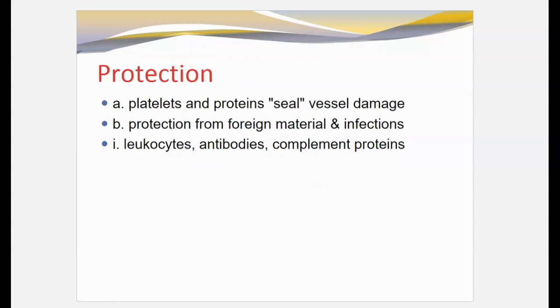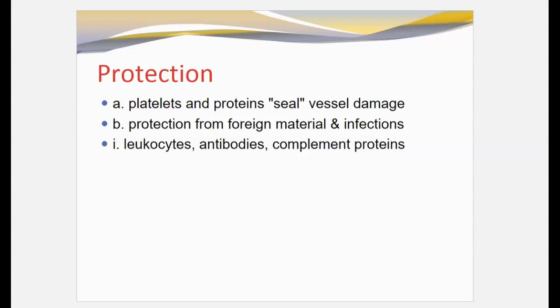It protects, blood protects. When the vessels are damaged, the platelets help protect. If something foreign was to get into you, be that bacterial, viral, protozoan, fungal, it has ways of fighting those off.